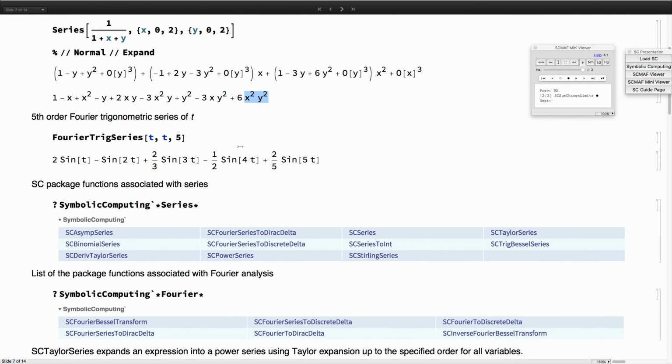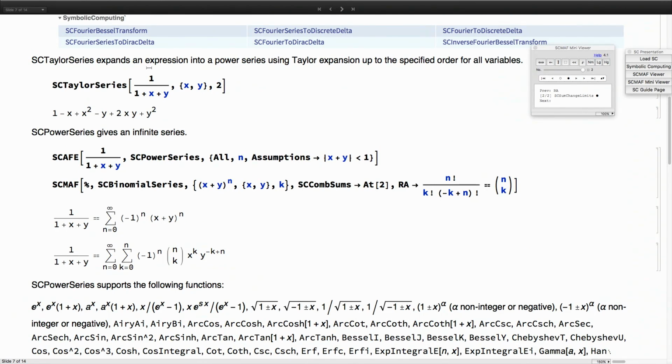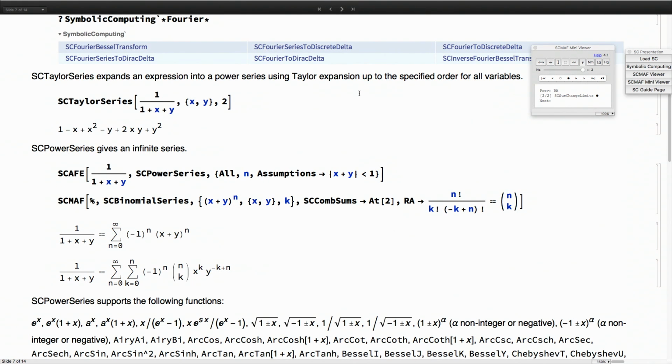And this is Fourier trig series. There's another function in the package, Taylor series. And xyt, this function expands up to the specified order for all variables. So it doesn't have things like x squared, y squared. We have only the second order for both x and y.